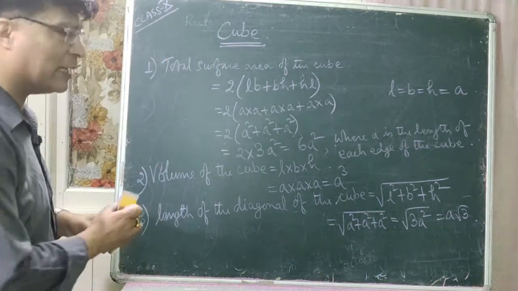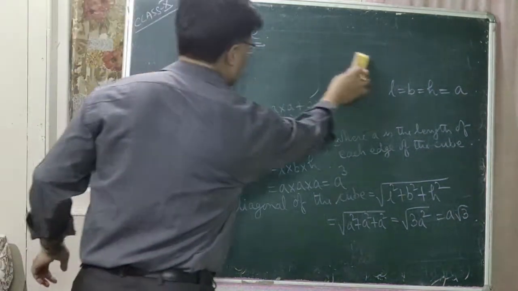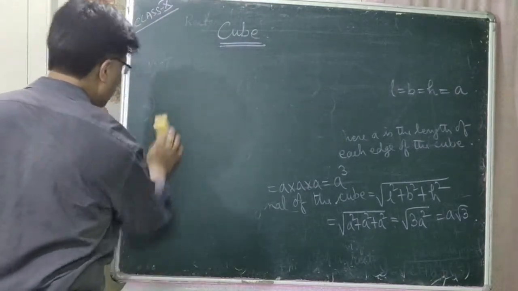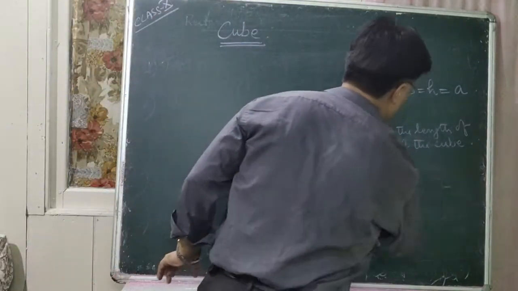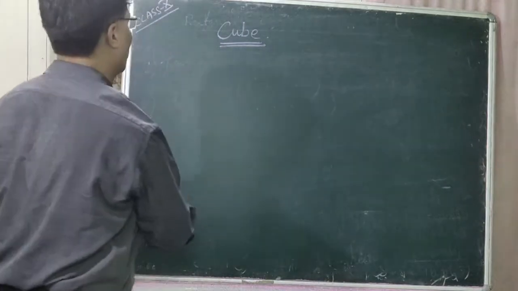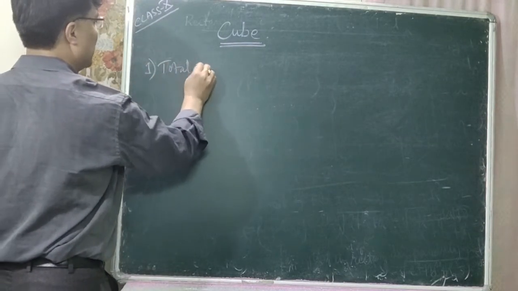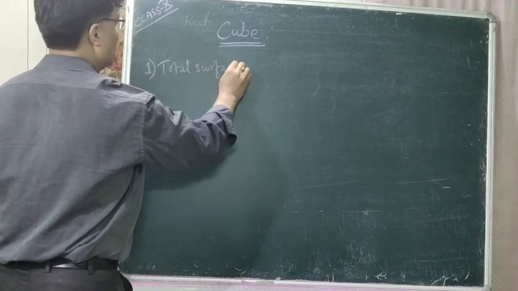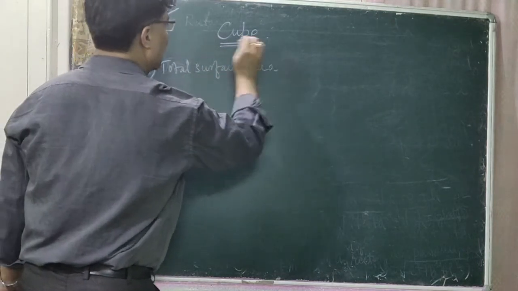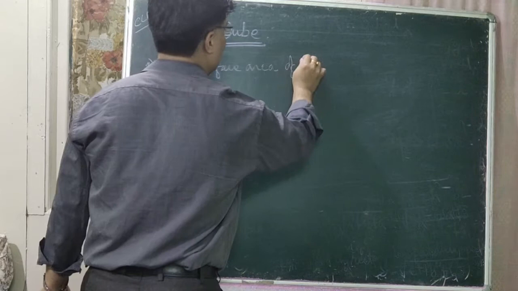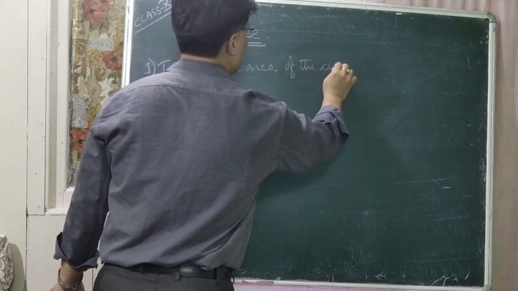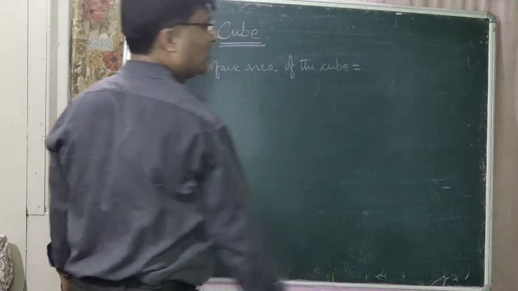Now what do we write for the cube? So let us write it again. This is the summarization. Now the summary will be number 1, total surface area of the cube. Here is the formula.